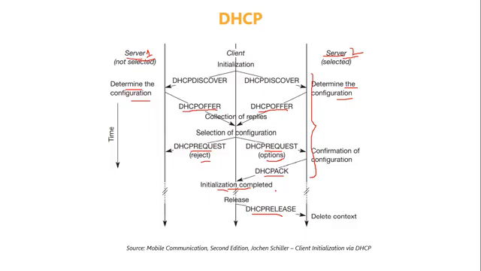Not only care of address, but for getting other parameters also DHCP is a good candidate, such as the address of the default router, DNS server, time server, etc. A DHCP server should be located within the subnet of the access point of the mobile node, or at least a DHCP relay should provide forwarding of messages, so the client is able to connect to a DHCP server through a relay.